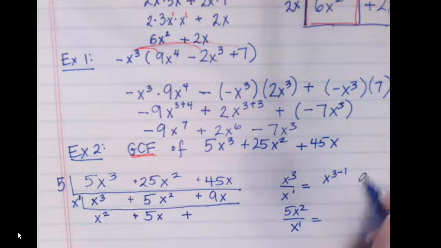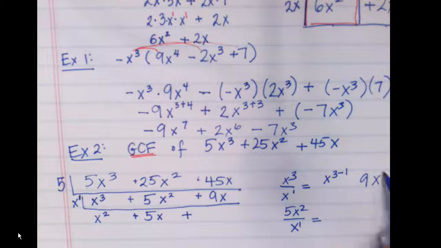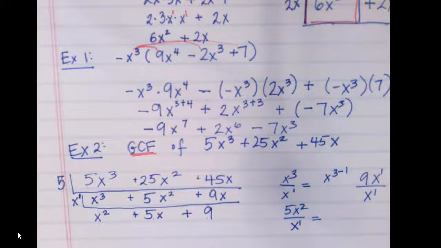And then 9x is to the first power, and we want to divide that by x to the first power. So we're not going to have any x's in that answer. So now I have x squared plus 5x plus 9.